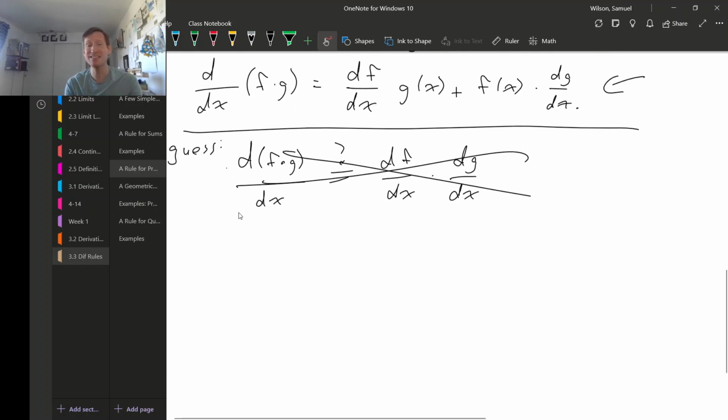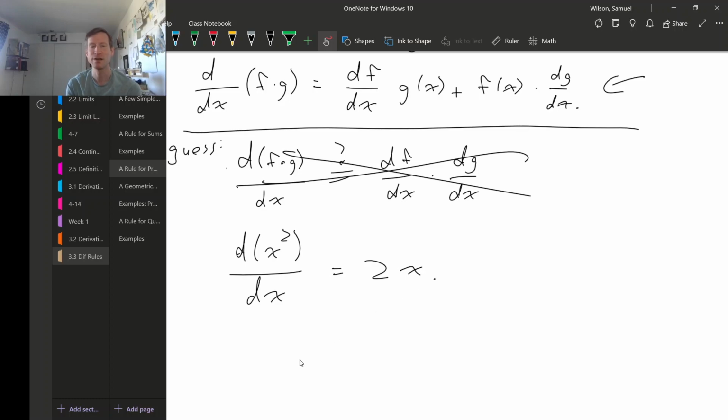We can see that it has to be false because if we take the derivative of x squared, we can use the power rule. We know it's 2x. But another way to think about x squared is that it's x times x, right?